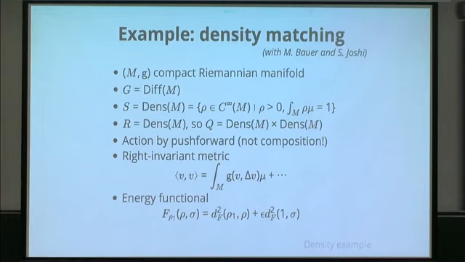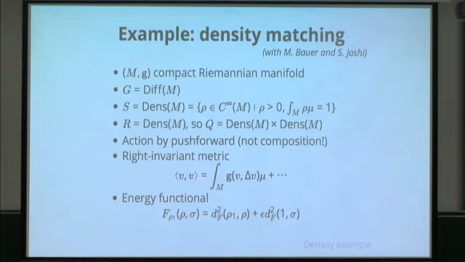So in this case R, the regularization space, is also the space of probability densities. So the manifold that we're acting on is a product of Dens with itself. And the action is by push forward. It's not composition. I will come back to that later. That means that we're not just taking our density function and composing it with phi inverse. You have to multiply with the Jacobian determinant as well. In some cases this is a good action, in other cases it's not. I'll say something about that.